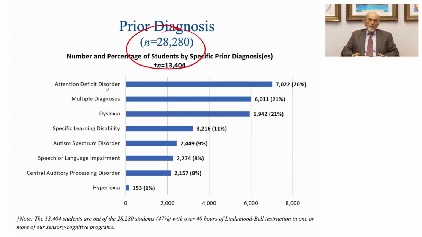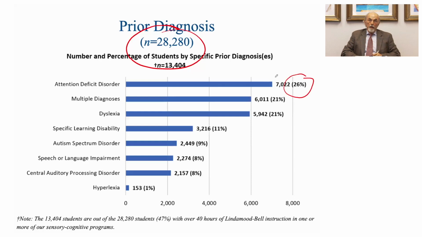Here's the paradox. More often than having children diagnosed with reading problems, the largest category that you see here on a prior diagnosis of children entering Lindamood-Bell is attention deficit disorders, ADHD. 26% of the kids coming in, where the families have expressed learning issues, have attention deficit disorder.